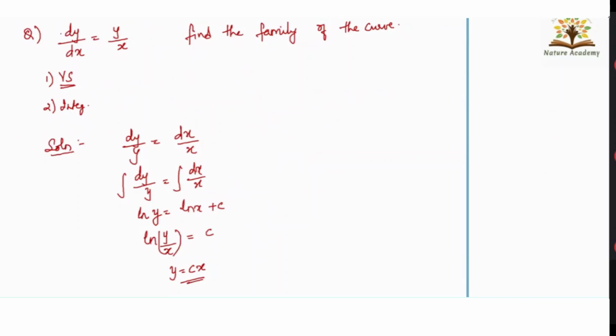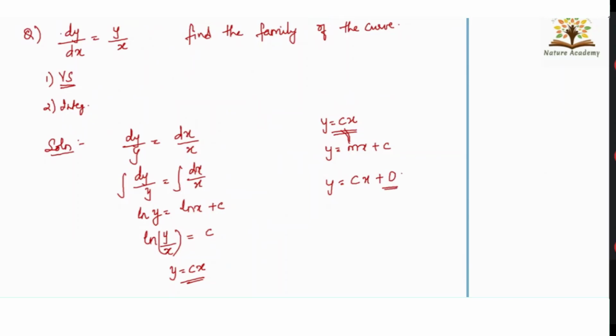So this is the curve. It is like a straight line actually, because y is equal to mx plus c is the straight line, but here m is c in this equation. So it should be y is equal to cx plus 0.